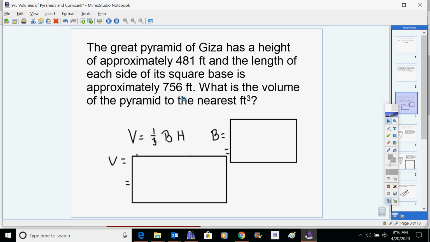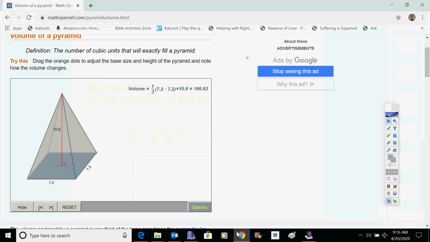Now the base is a square base with 756 feet on each side. So that would be if we took this graphic that we had here and we extended it not to just be the 6.8 or even further on with that.